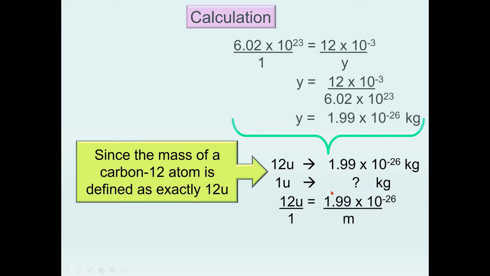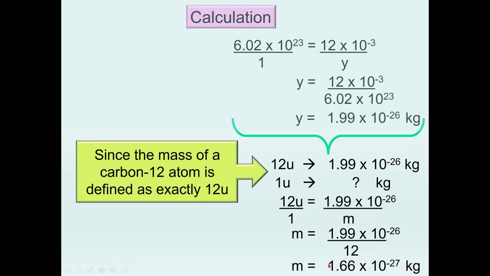Using the same ratio method, 12 per 1 equals 1.99 times 10 to the power of negative 26 divided by M, where M is the mass for 1 U that we are going to find. Cross multiplying, we get 1.99 times 10 to the power of negative 26 divided by 12.